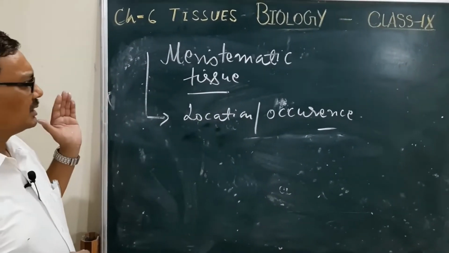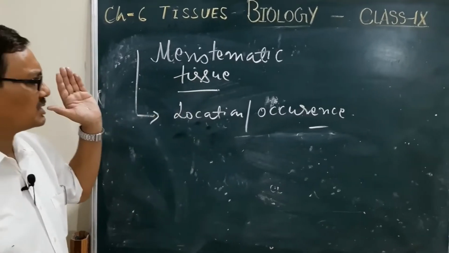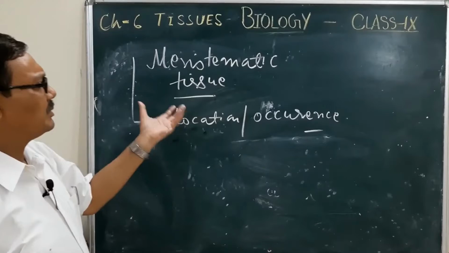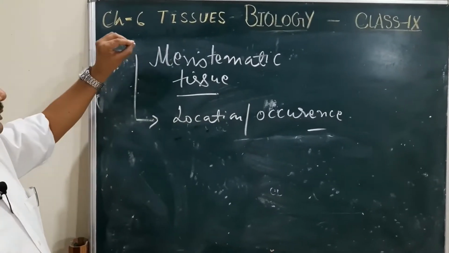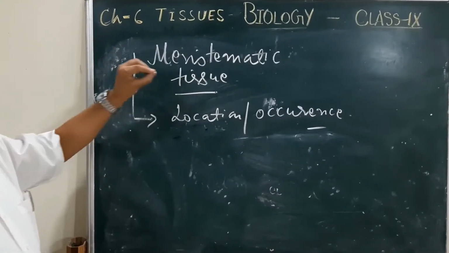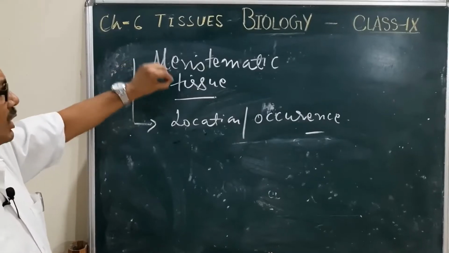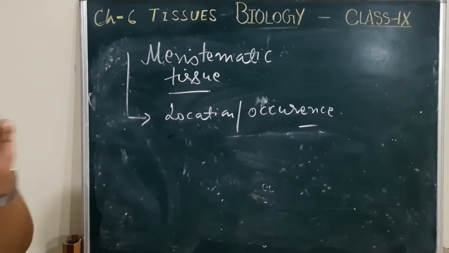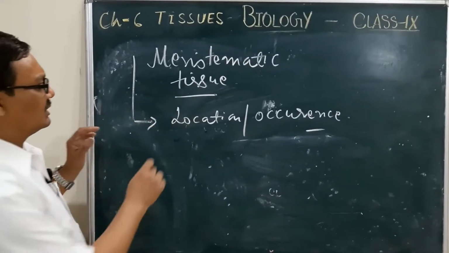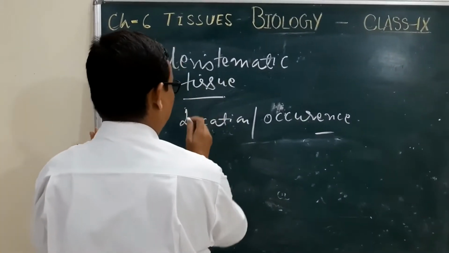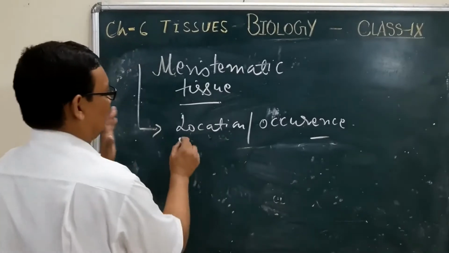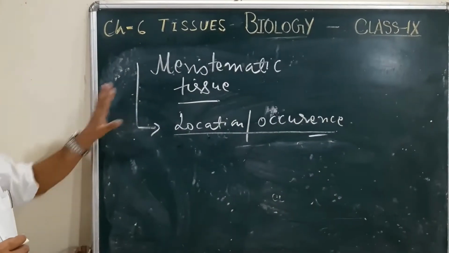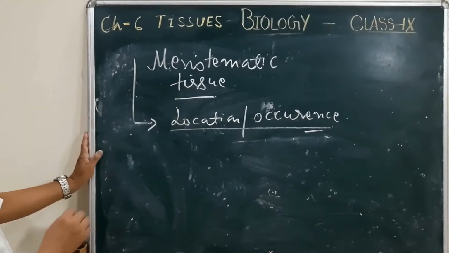When you start to write about the meristematic tissue, then you tell that it is a type of tissue where the cells are always divided. So, here that is the basic definition, and thereafter the second important part after the definition, the location and the occurrence where this type of tissues are present.